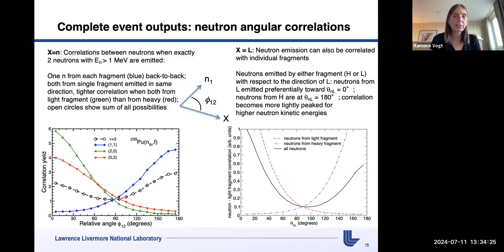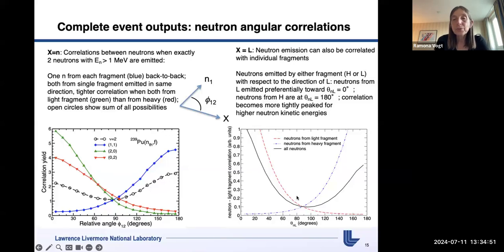And so that's why you'll see these kind of structures. And the light fragment, if it emits both neutrons, is going to be more sharply peaked because it has a higher velocity than the heavy fragment. That's just momentum conservation again. So when you take all of these different contributions into account, then you get the black curve.